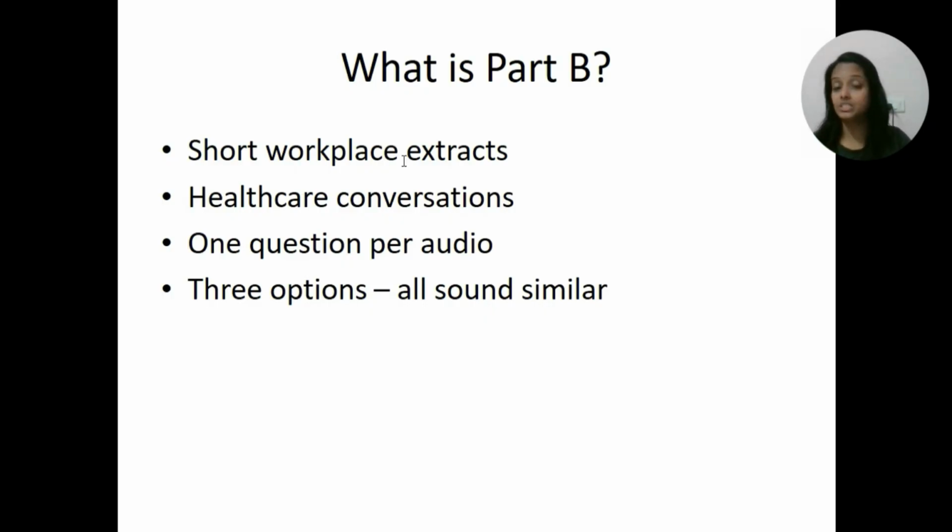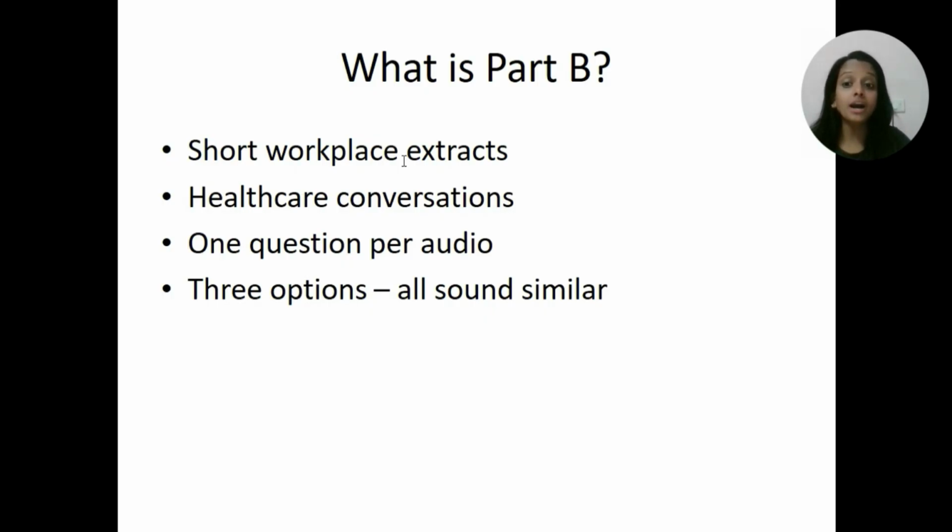Now, on paper, that sounds manageable, but here is what makes it tricky. The wrong options are not silly. They are not obviously wrong. Usually, each option contains something that was either mentioned, implied, or emotionally connected to the conversation. That means if you are listening for familiar words, you can easily choose the wrong answer. In other words, OET Part B does not reward shallow listening.